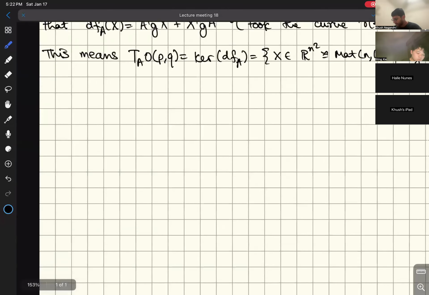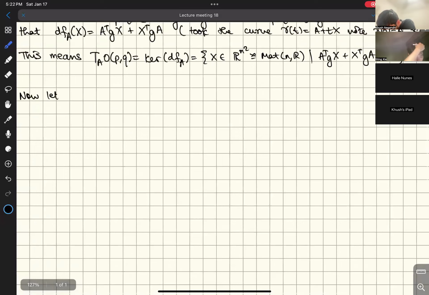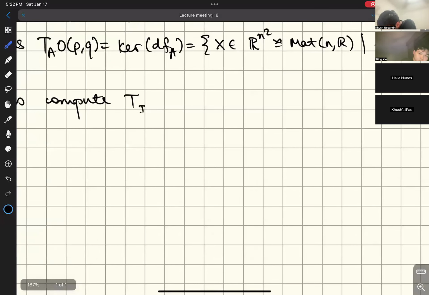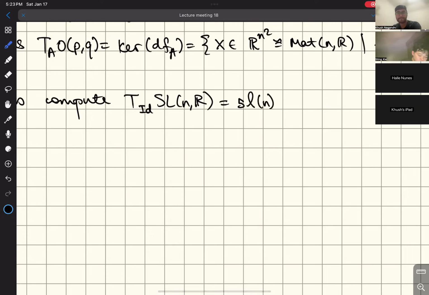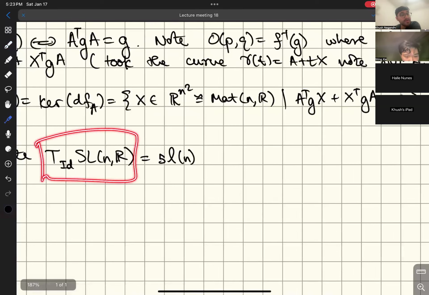Okay, so now let's compute the tangent space at identity of SLNR. And this is sometimes called sl_n. But I'll reserve this name for now.